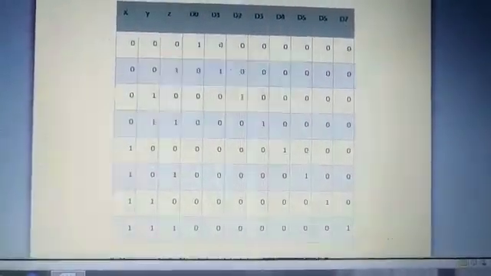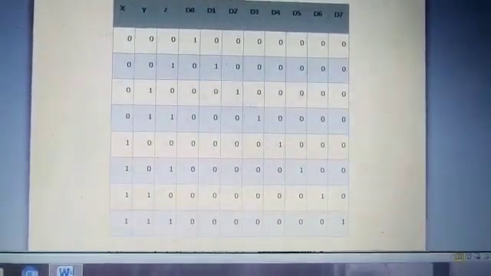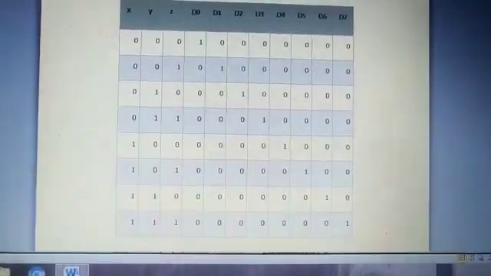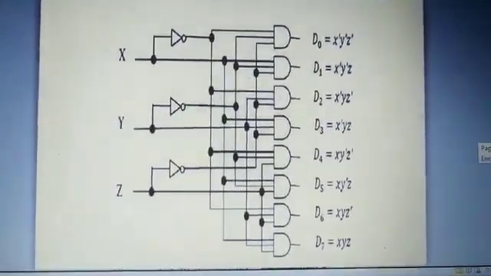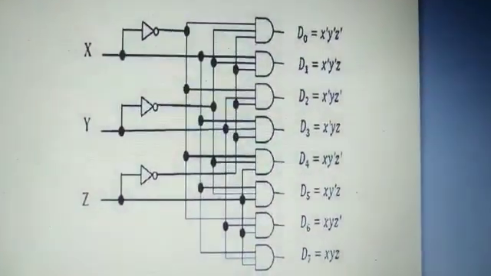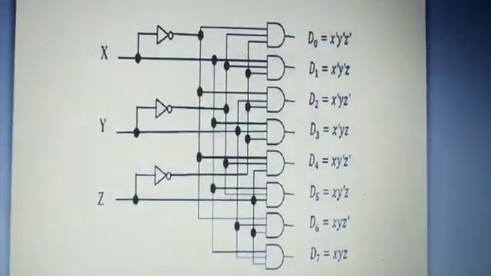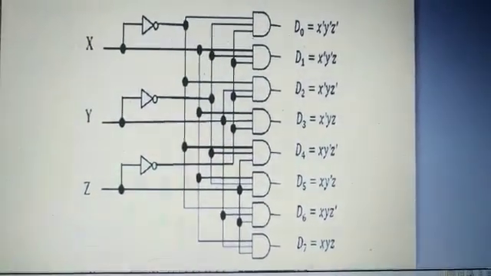So depending upon the Boolean expressions we obtained from this truth table, we can design our logical circuit for 3 cross 8. The logical circuit looks like this, where we are using 3 NOT gates and 8 AND gates for the 3 inputs.